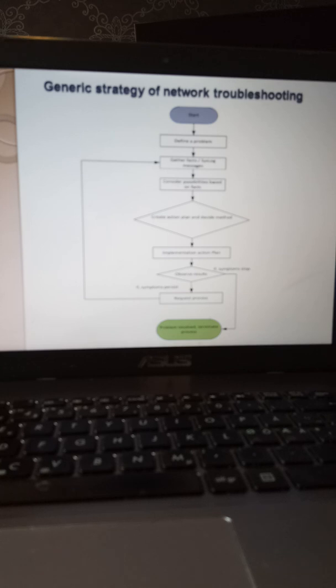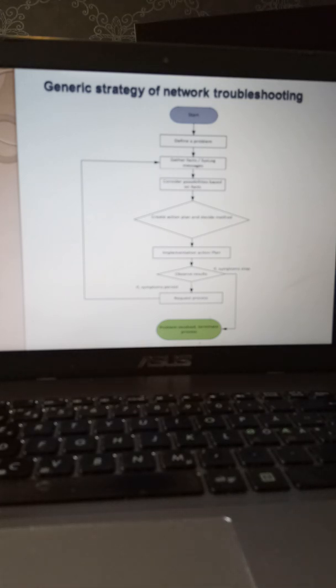After that, we consider possibilities and issues based on the facts we analyzed in previous steps. Next, we focus on which method to use, for example, top-down, bottom-up or divide and conquer approach. Then we make a plan for how we go further and complete our task.